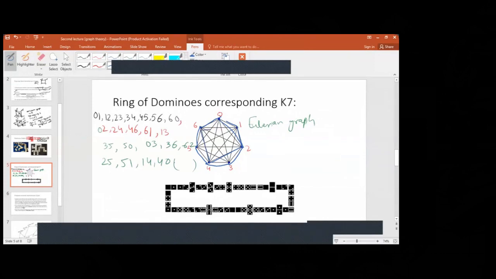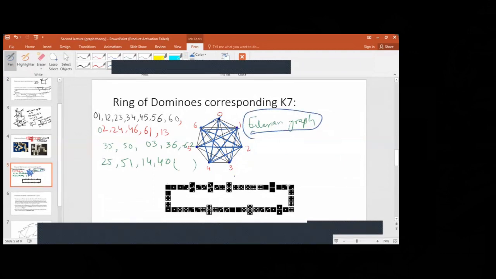Then from 1 to 3, 3 to 6, 6 to 2, and then 2 to 5, 5 to 1, 1 to 4, 4 to 0. And I cover all edges only once. So this is an Eulerian graph.